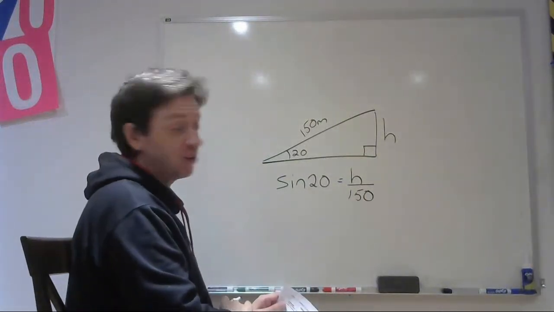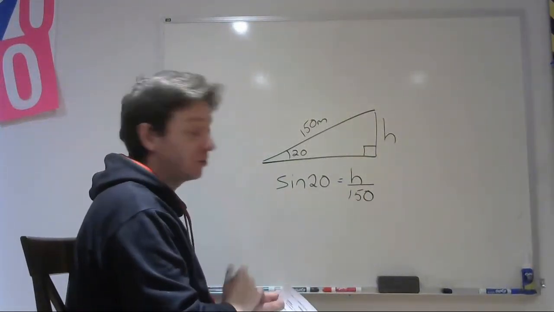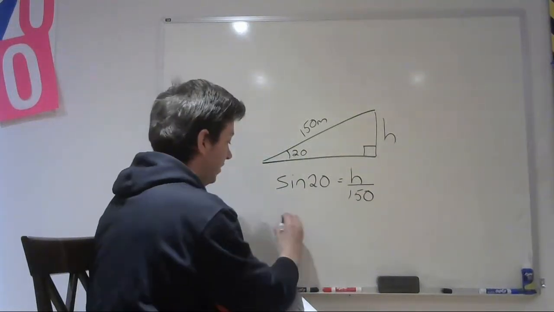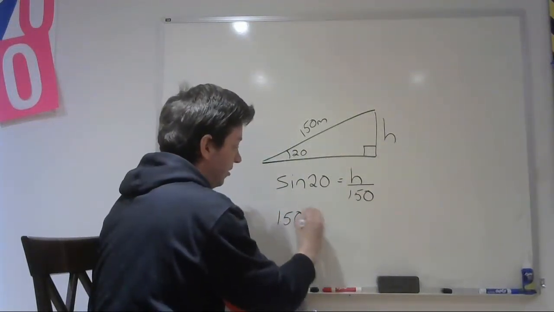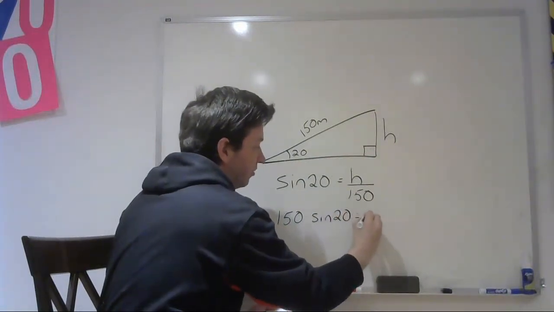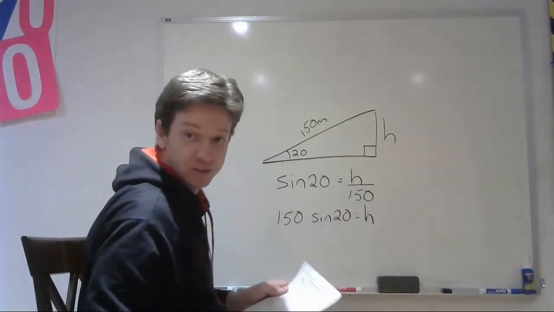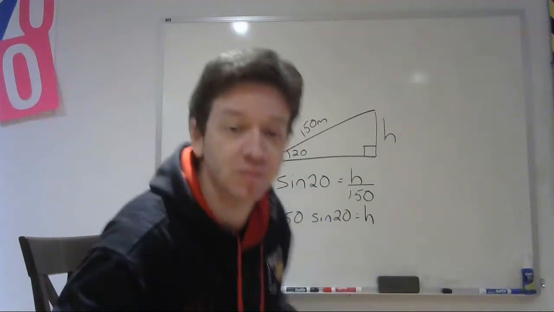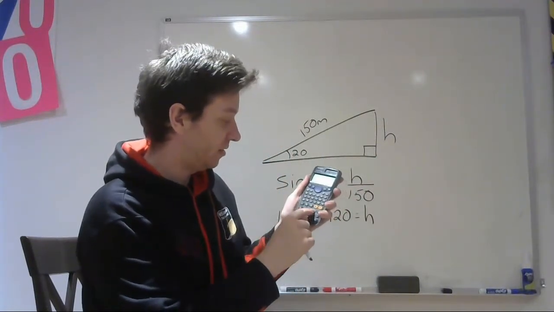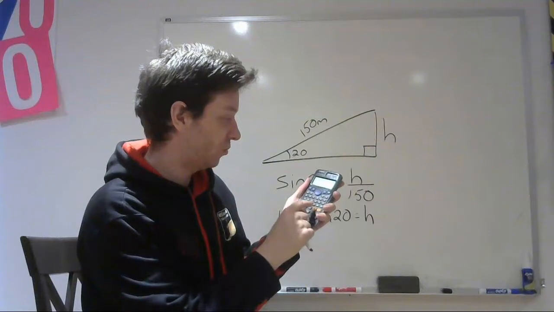And now if we want to figure out what h is, we just need to solve the equation. We can multiply both sides by 150. So we get 150 times the sine of 20 equals h. And now we're just going to plug this into our calculator again. So you will write 150 times the sine of 20.